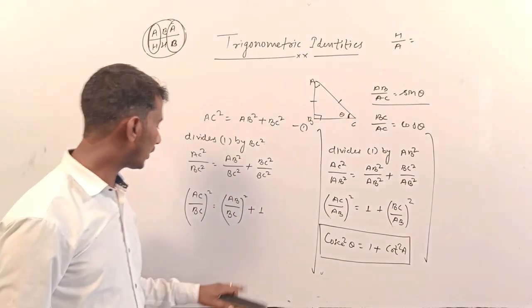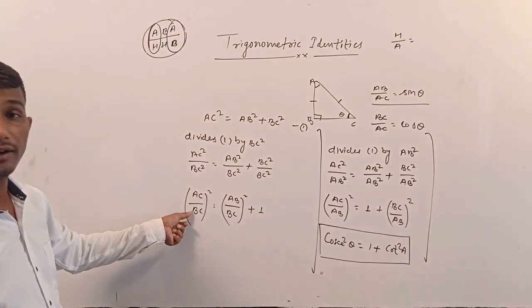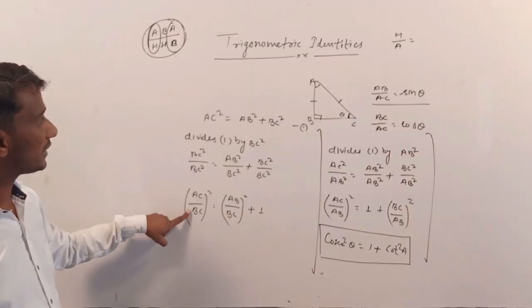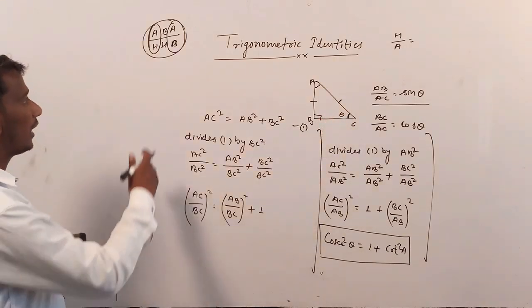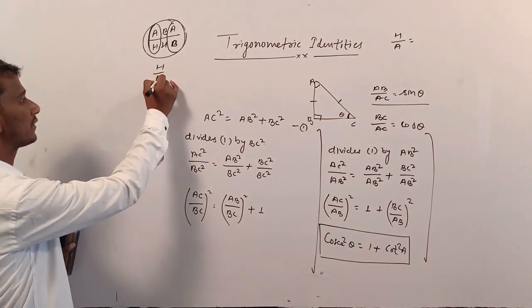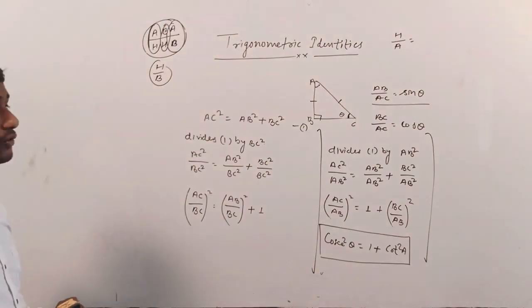Now, according to the right-angled triangle, what is the relation between AC and BC? AC represents the hypotenuse and BC represents the base. So hypotenuse upon base represents sec, the reciprocal of cos.